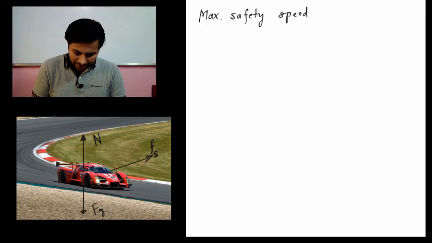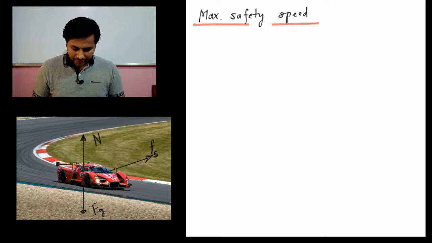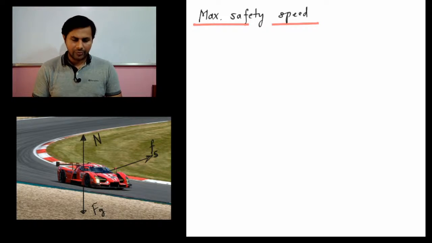We'll derive this. Now, what are the forces acting on this car? One is the gravitational force acting downwards. The other one is the normal reaction acting upwards.